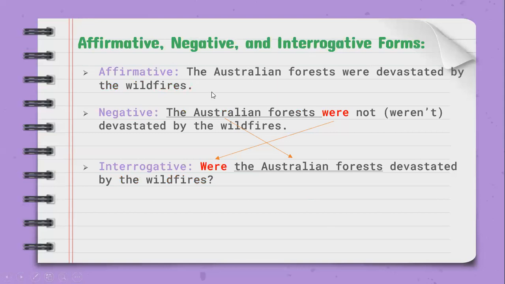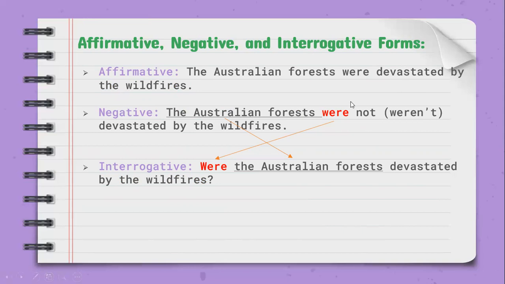Okay, focus, it's written in the passive and not the active. So the Australian forests here are the direct object. They were devastated, okay? This is the verb, we have the verb to be. By what subject, what devastated them? The wildfires devastated them or caused this devastation.